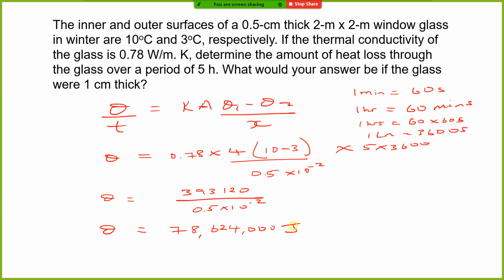So that's the shortcut of doing it. You could have found the rate of heat transfer first, then you could have gone ahead to find the answer. What you could do is to say that because you know that power is equal to energy divided by time, because that is what the rate of heat transfer really is, right?